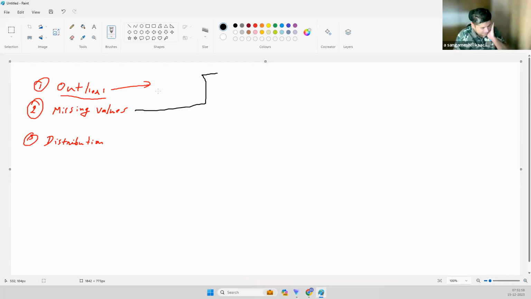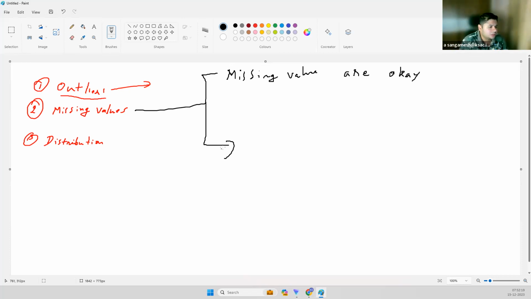For example, there are two types of machine learning algorithms. One, you can have missing values; missing values are okay. There are data science models which don't require missing values. If you provide a missing value, it will go crazy.